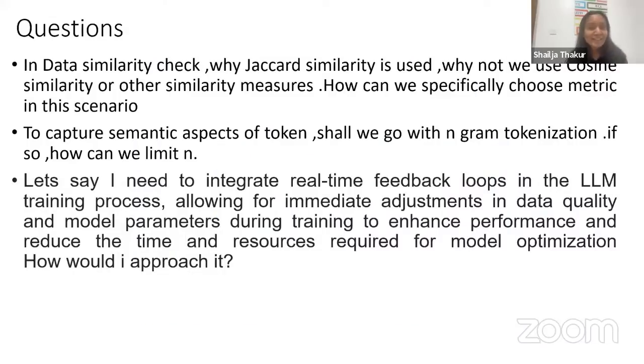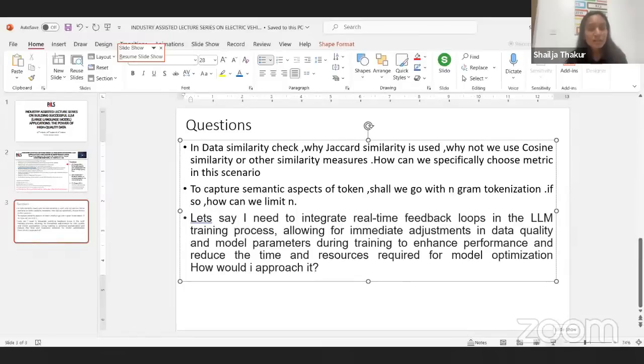Second question is, to capture semantic aspects of a token, shall we go with n-gram tokenization? If so, how can we limit n? Again, I talked about this already. When we are talking about tokens, we care about how we want to split the data, how small a unit we want to get to, because that falls back to the amount of computation our model will have to do during training.